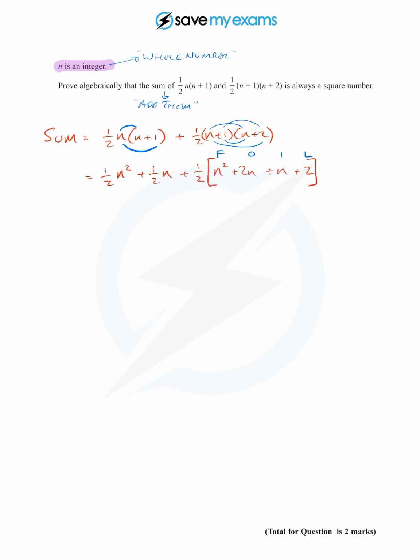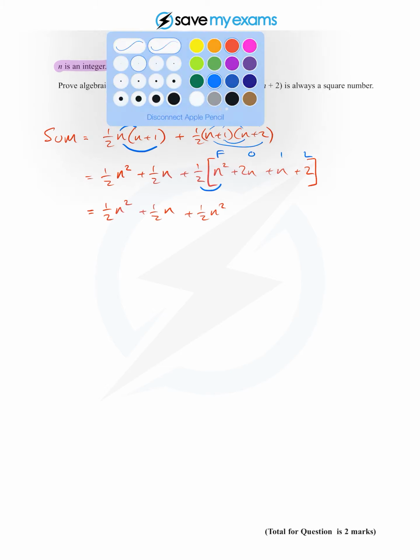Right, let's just sort this out a little bit, simplify it if we can. So I've still got the half n squared, I've still got the half n. And now let's take this half outside this bracket and multiply everything inside the bracket by that. So I've got a half times n squared, which is, strangely, a half n squared.